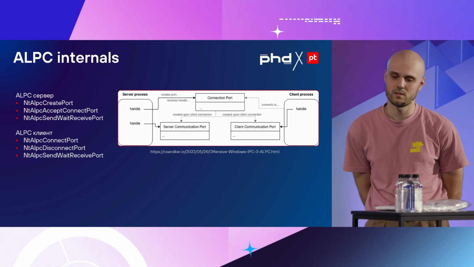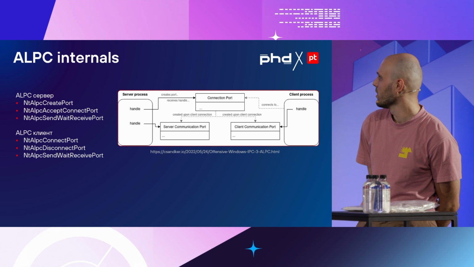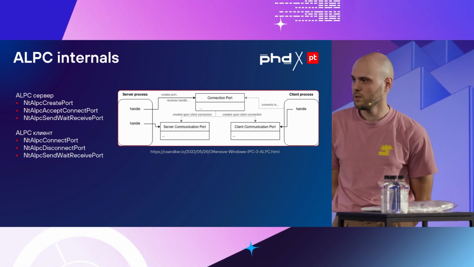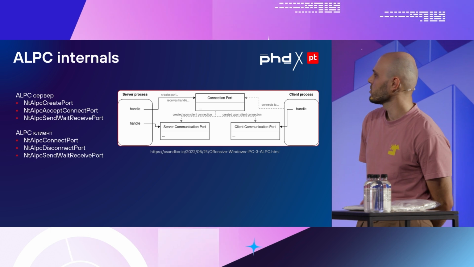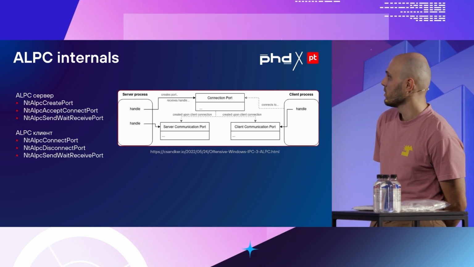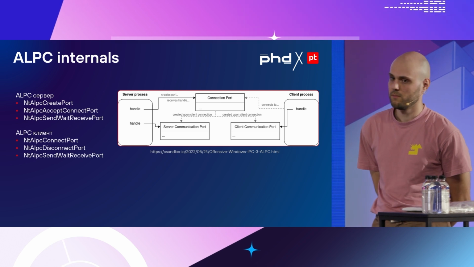And actually there are 3 ports. The server would also create a named connection port that has a name, and you can connect to it. And by knowing this name, the client can connect to the ALPC port.